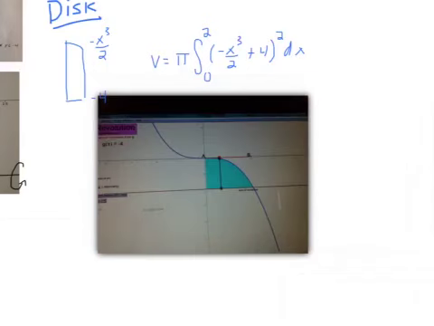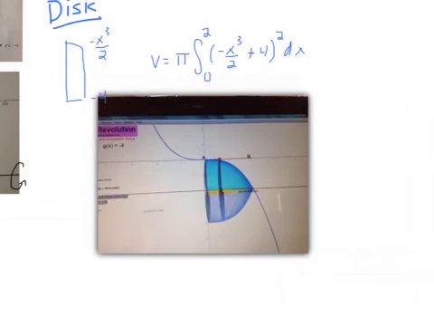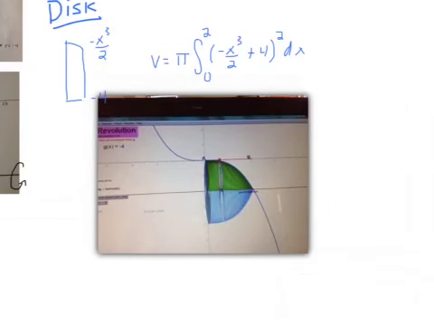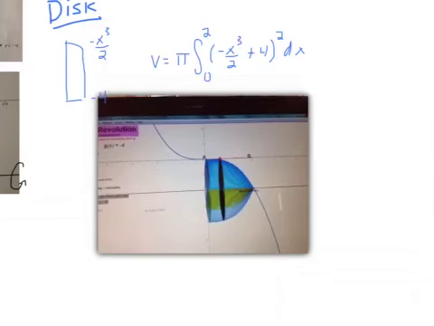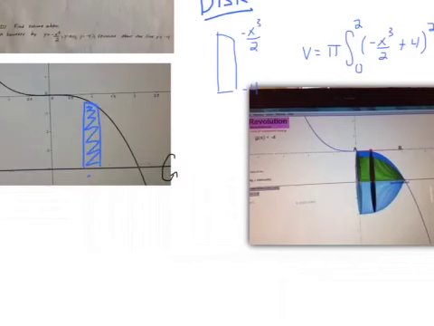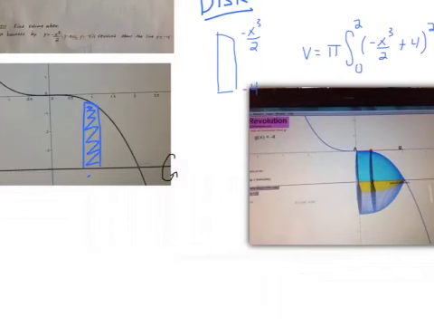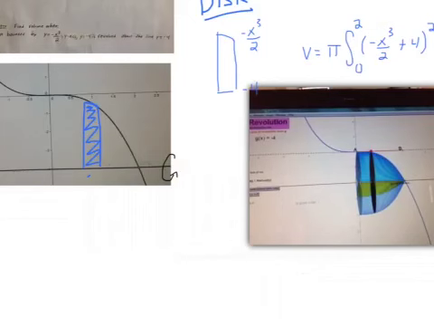Let me back this up, and there it is. So you can kind of see how the sample rectangle looks in comparison to our approximation over here based on our crude sketch.